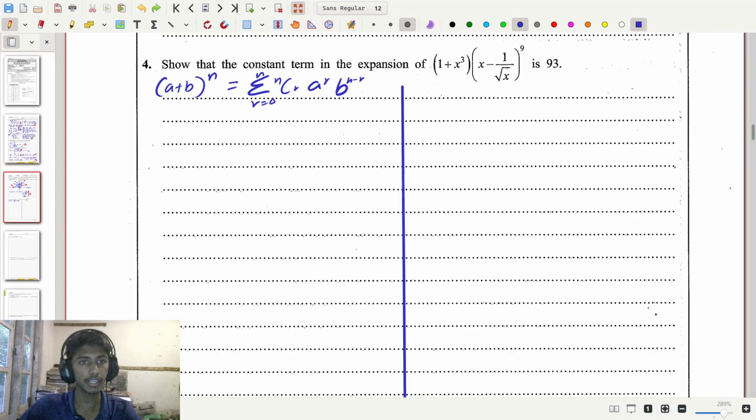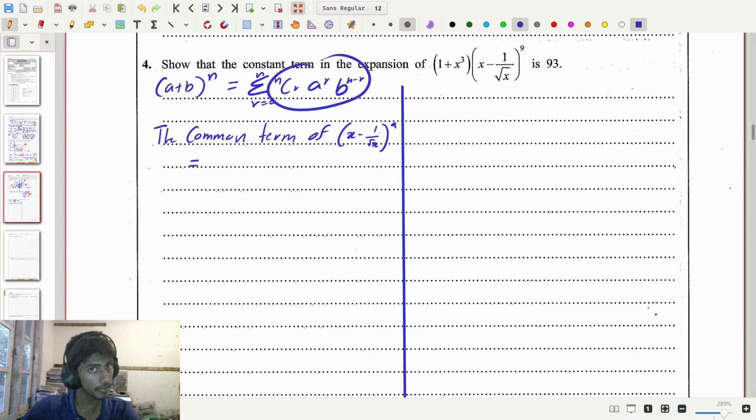So due to this, we can say the common term of the expansion of (x − 1/√x)⁹ is going to be equal to, if we take out the sum and just take the common term on the inside, 9 choose r times a to the power of r, which is x to the power of r, times 1 over root x times negative 1, or negative 1 times 1 over root x, raised to the power of 9 minus r.